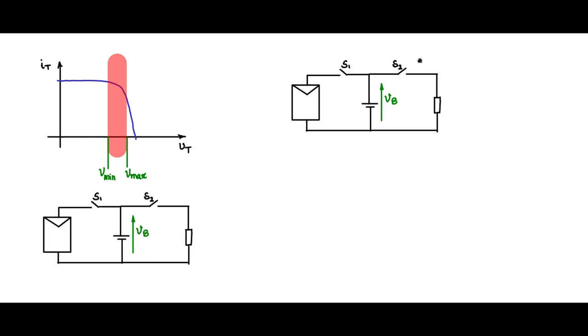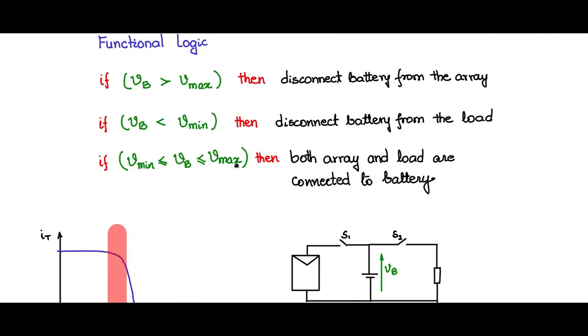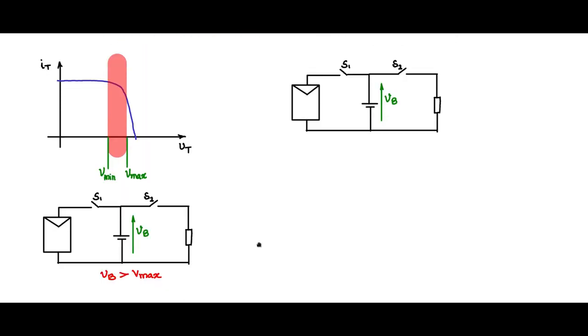In the first mode, let us define VB greater than Vmax. We saw in the condition that if VB is greater than Vmax, then disconnect the battery from the array. So that is the condition that we have applied.